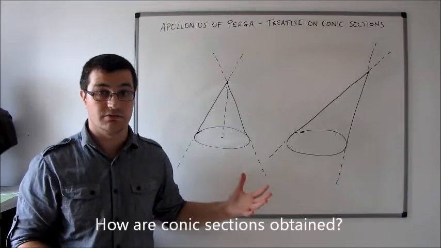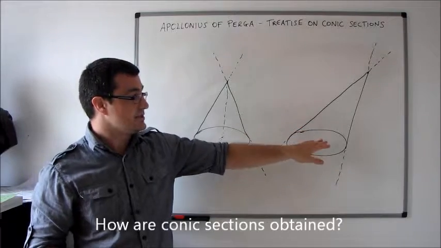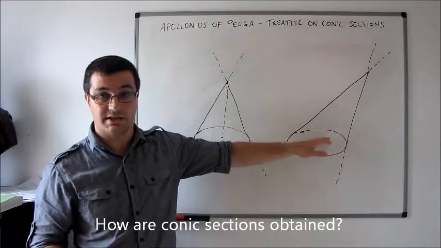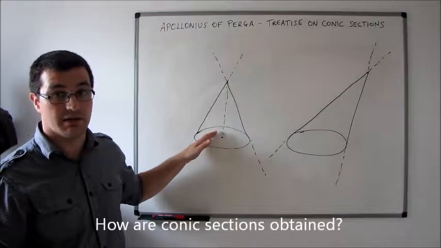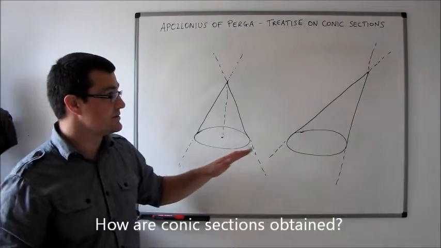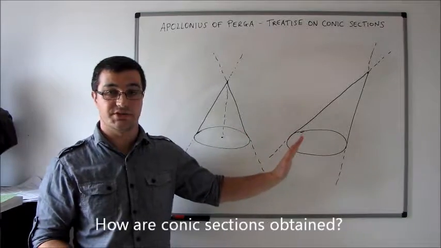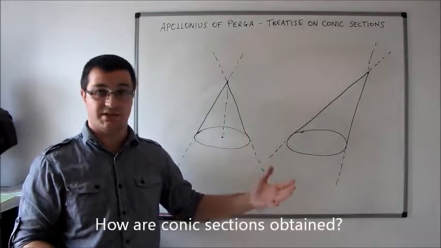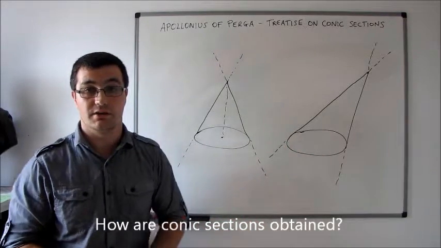As it turns out, just to spoil the fun, every conic section that we can obtain from an oblique cone, we can actually obtain from a right cone as well. So it could be argued that this was an unnecessary overcomplication of the situation, but obviously at the introduction of this, that wouldn't have been known.